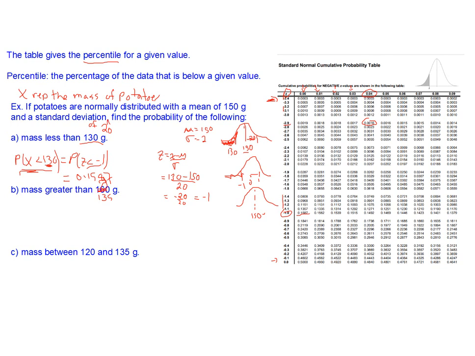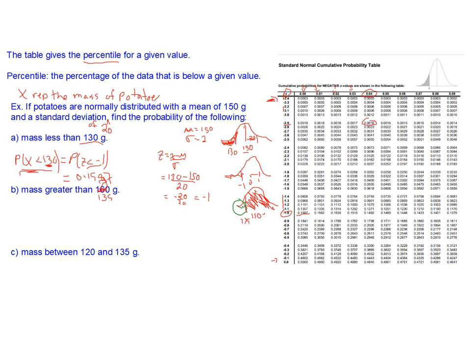So 135 is over here somewhere. We don't know exactly where, but this is just a rough sketch. And we want the probability that x is greater than 135. We want all of this. Remember that the area under the curve is equal to 1. The table will give us this area right here. So if we want to find the area shaded in red, we need to do 1 minus the area shaded in green.